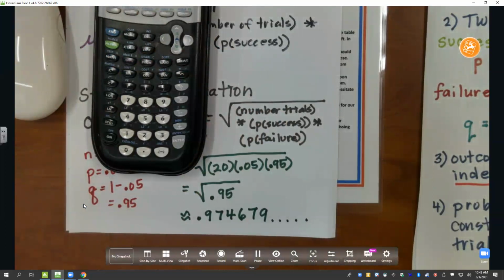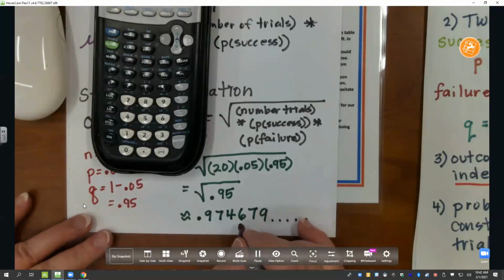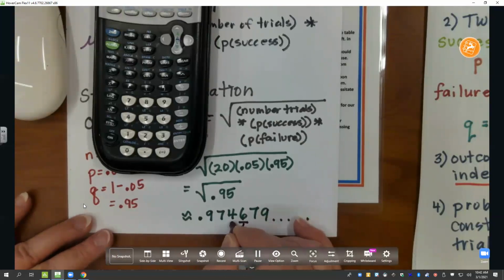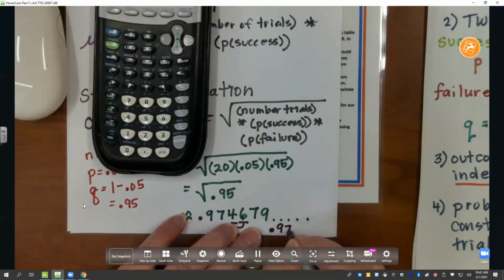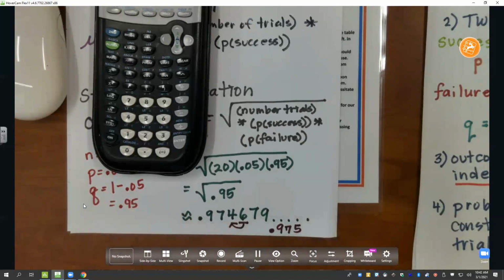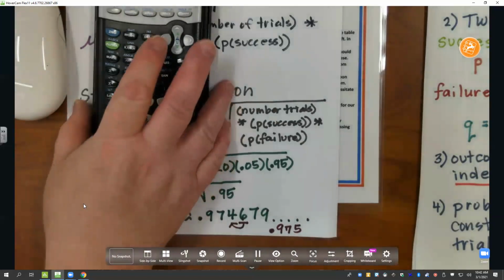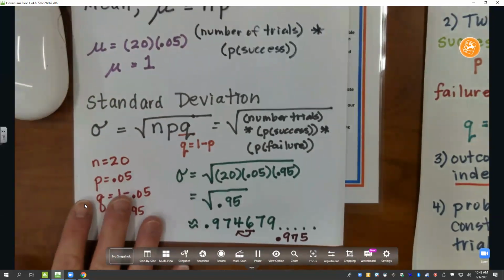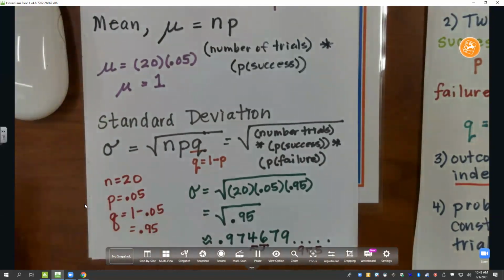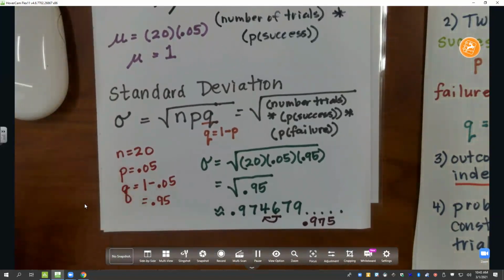Again, you'll probably be asked to round it to 2 or 3 decimal places. Pay attention to the instructions. If it's 3, you have a 6 in the 4th place, which will bump the 4. So that becomes 0.975. So on average, 1 out of 20 Americans are going to be afraid of staying at home alone tonight with a standard deviation of about 0.975, or about one person. You could be off by about one person. So our range would be 0 to 2.